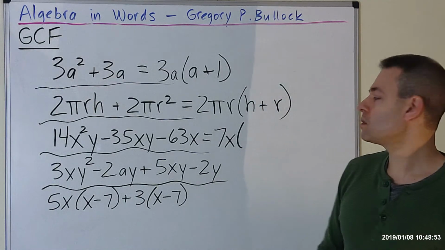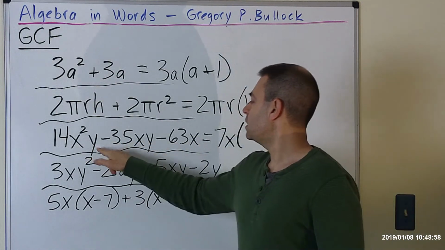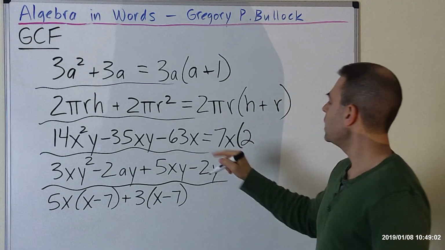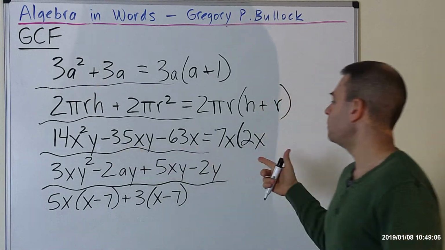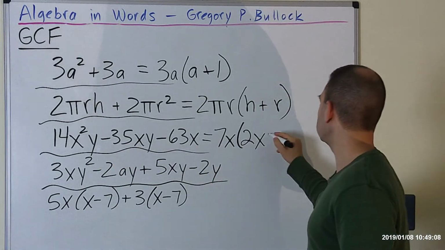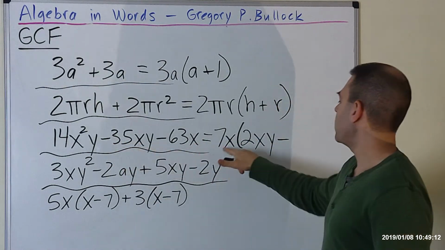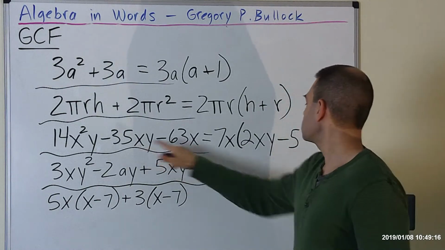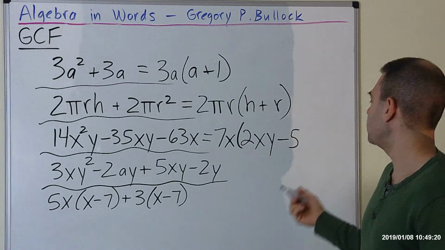Draw the opening parentheses, and now think of each term divided by 7x. 14x squared y divided by 7x: 14 divided by 7 is 2, x squared divided by x is x, and y divided by just 1 is y. Keep the sign. 35 divided by 7 is 5. X over x is 1, so we don't write anything because we don't write 1.